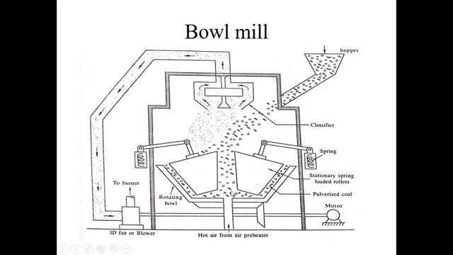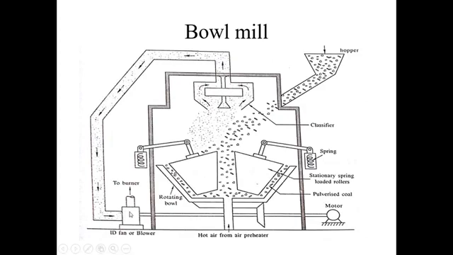Next there is a fan, just like an induced draft fan, which will draw the polarized coal when it is in powdered form. It will draw it like a blower and take it into the burner.